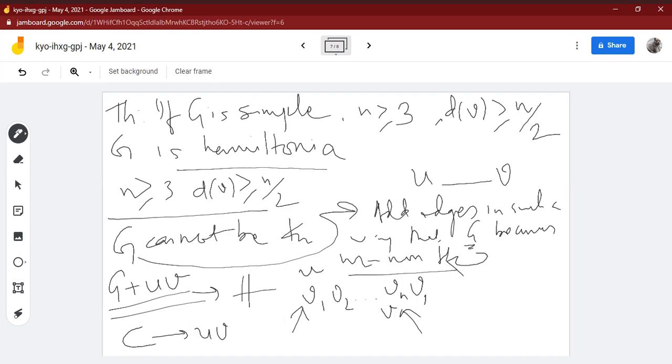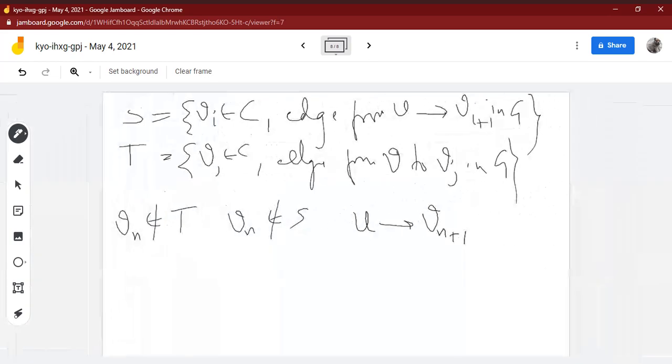So instead of Vn plus 1, we will get V1, and V1 means U. So again there will be a loop, which is impossible. So again Vn does not belong to S. That means Vn does not belong to S union T.